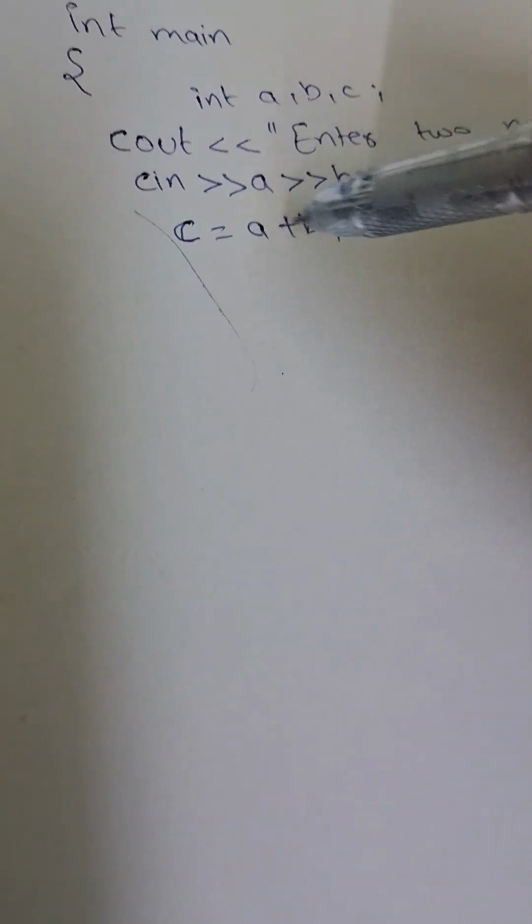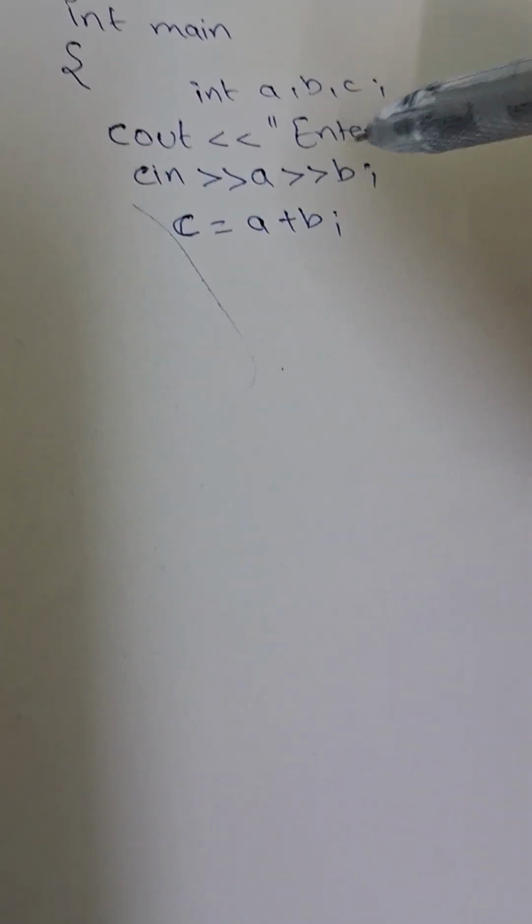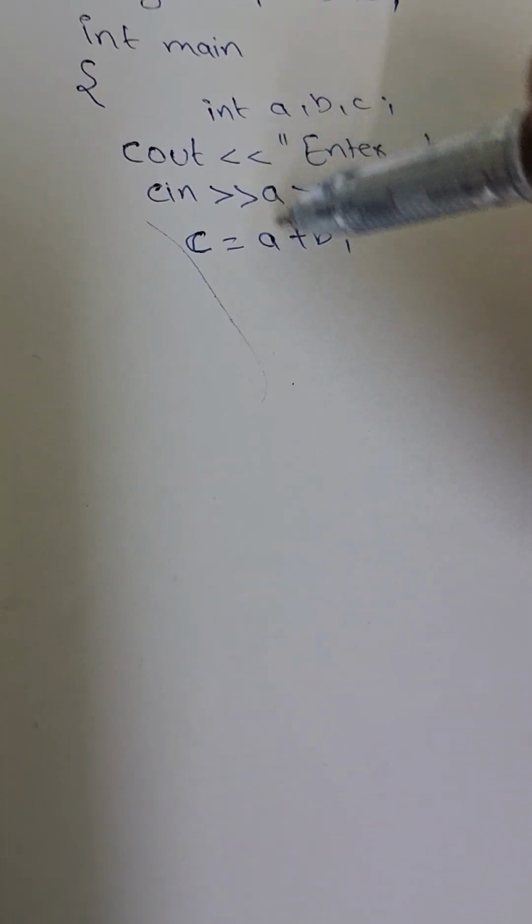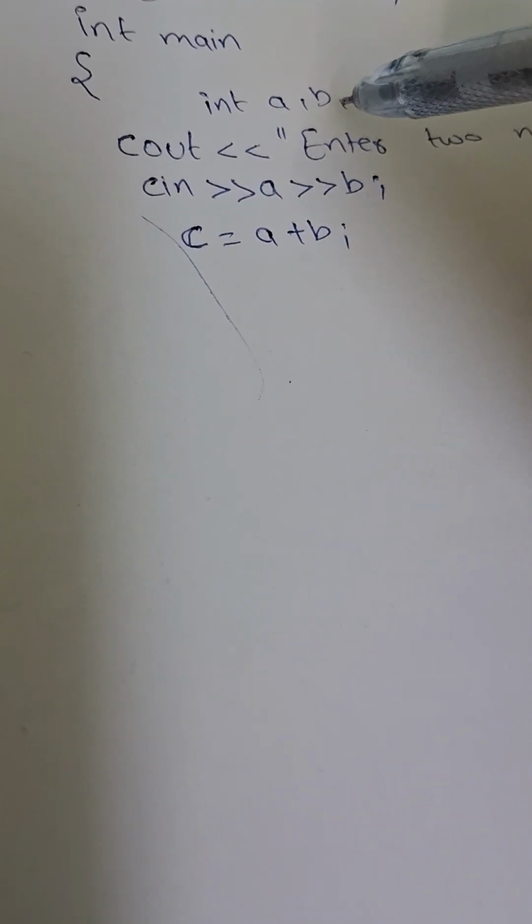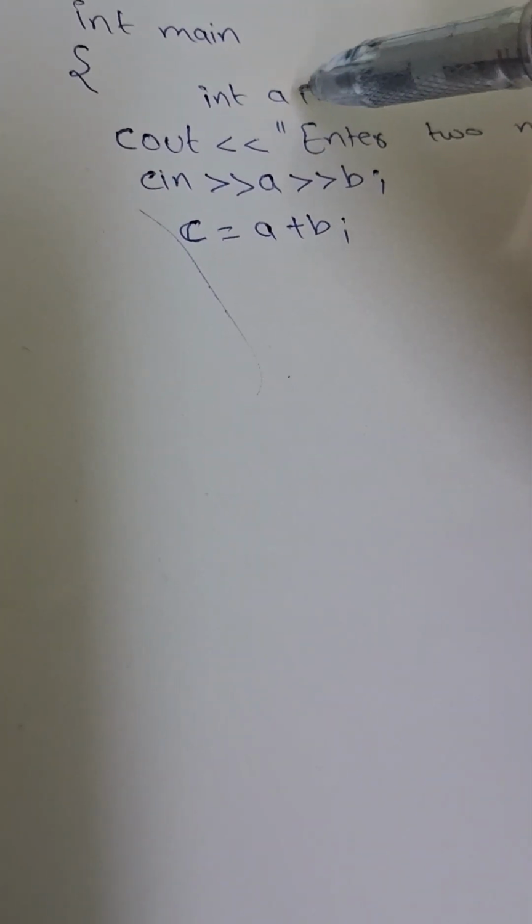If we take variables in this part, then we have to store them in int a, b, c. So this is all the program we process.